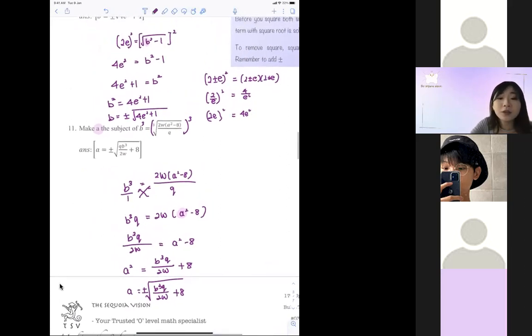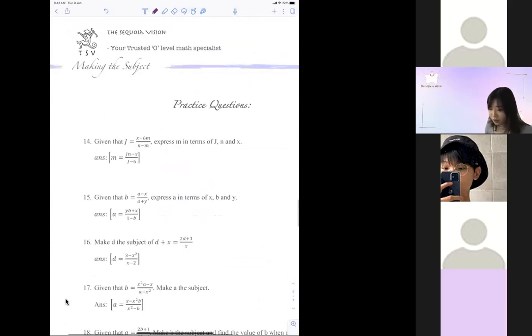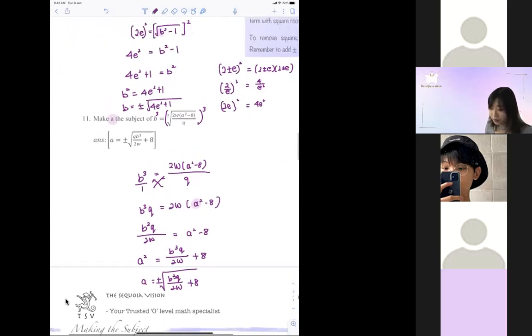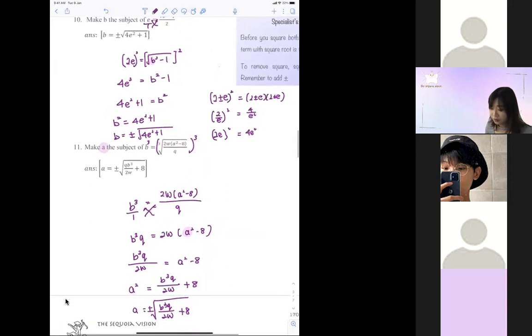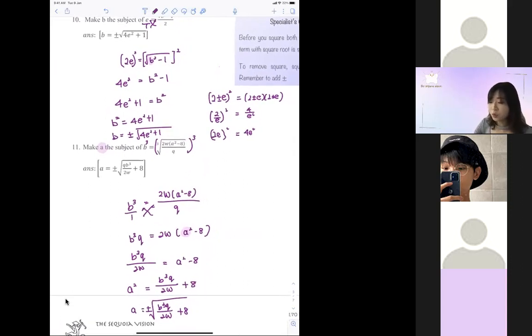Okay, when you're done with 10 and 11, no question, can you help me do 12 and 13 first? I'll come back to this page. Part A is always subbing number, very easy, make sure you sub correctly, put in the calculator, you get the answer. When everyone is done with 10 and 11, can you help me put a thumbs up?